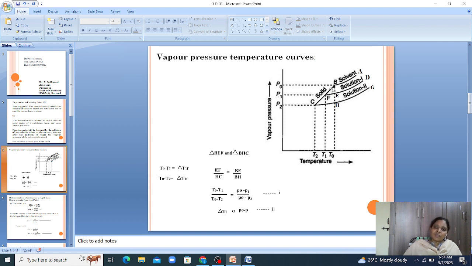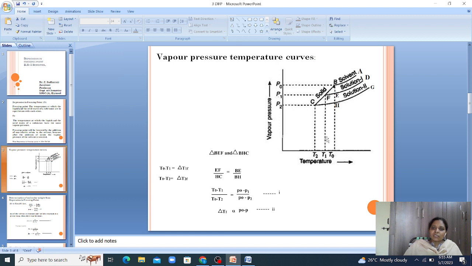After addition of x grams of non-volatile solute to the solvent, we get solution 1, and the curve for solution 1 will be like this, DF. At this point, at temperature T1, both liquid and solid states are in equilibrium, or they have the same vapor pressure, P1.